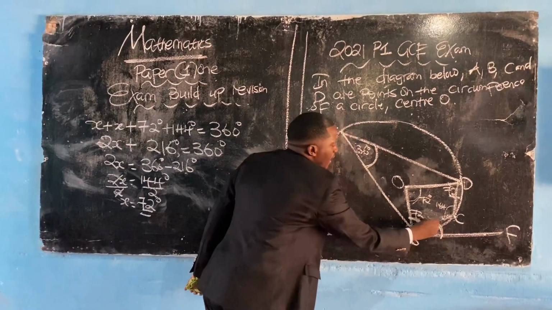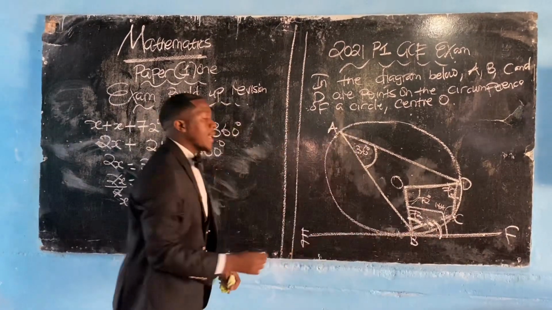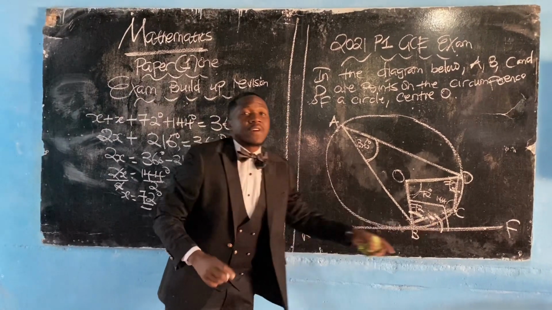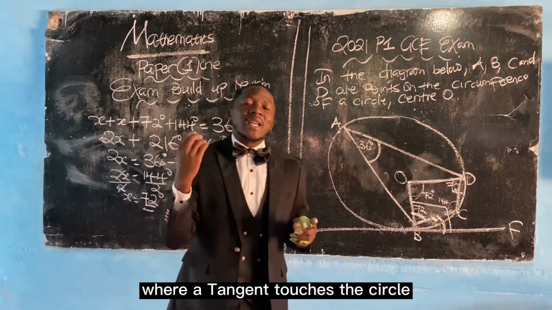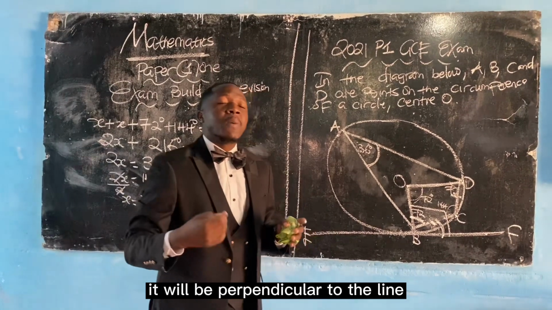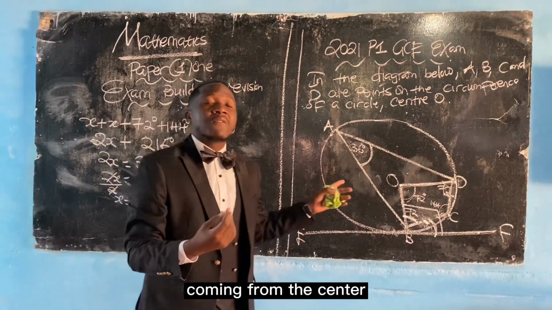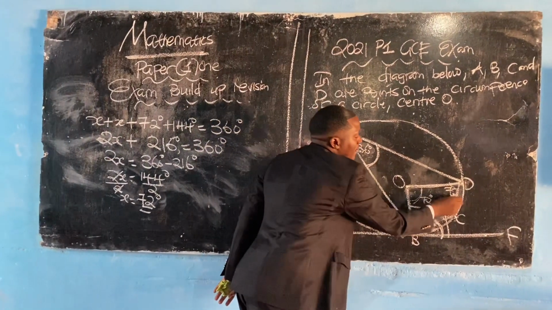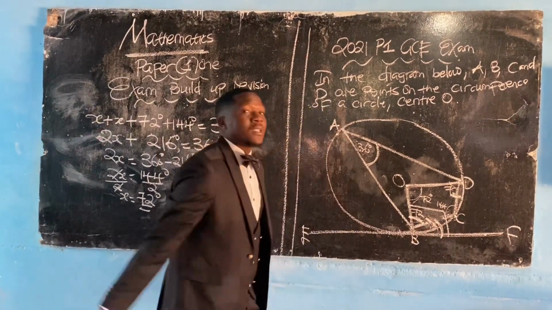Now what we want is here, and this O is a 90, which means 72 plus our angle should be equivalent to 90. By the way, where a tangent touches the circle, it will be perpendicular to the line coming from the center, that being called a radius. And the reason I said this is equal is because they expressed it in that way.